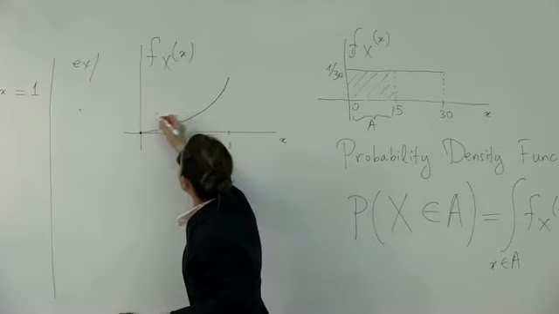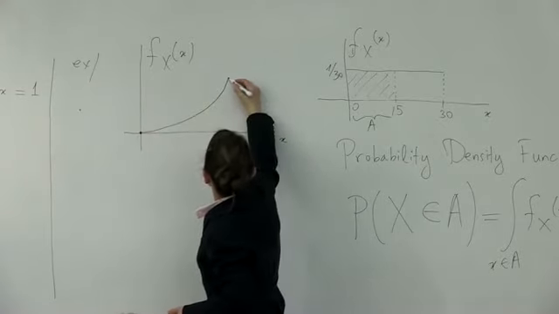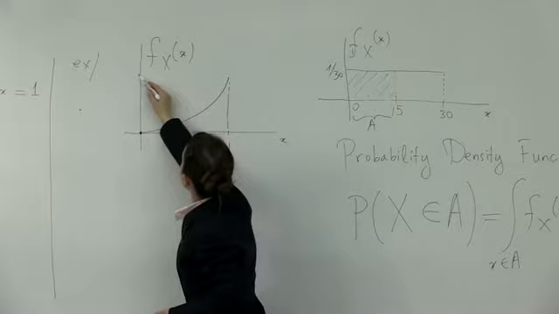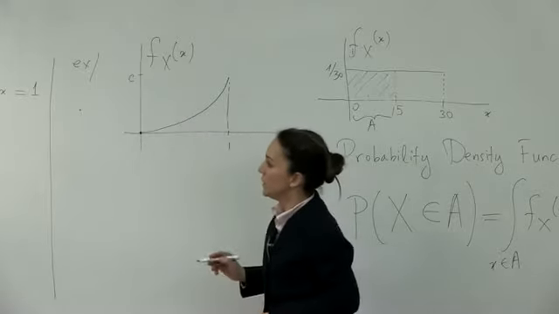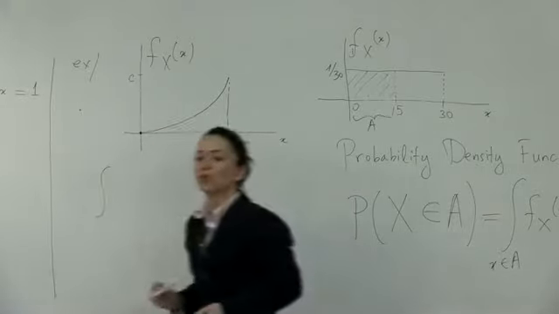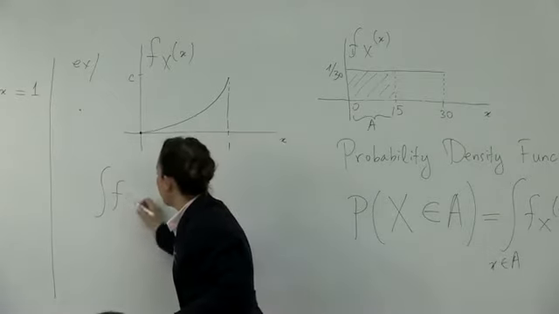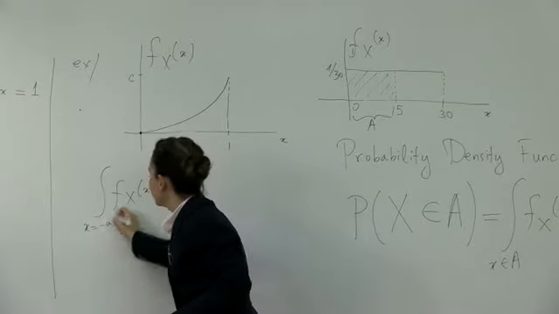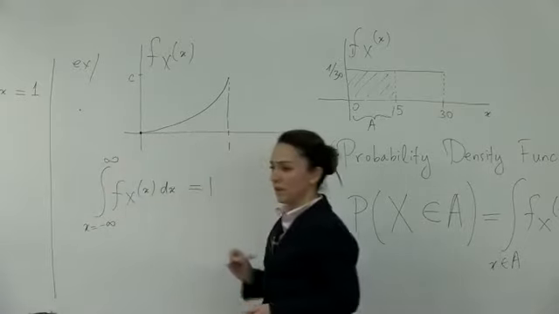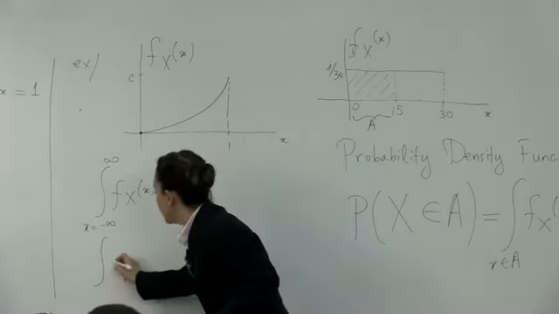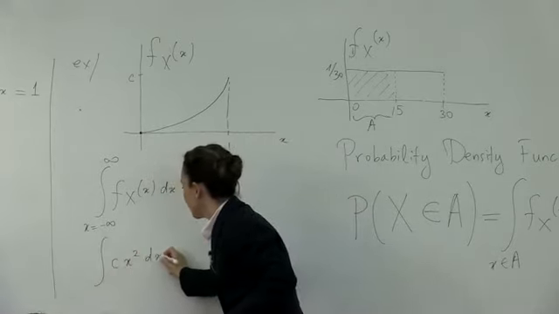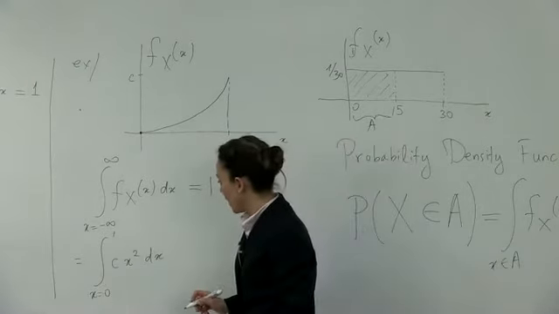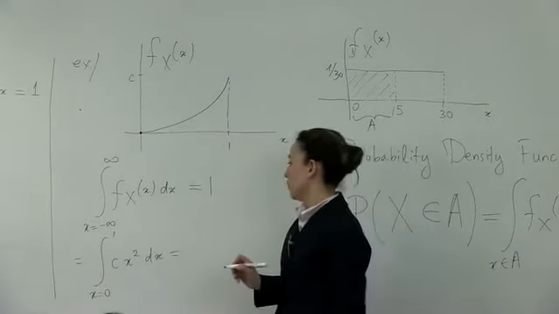Now, let's find the value of c. What do you think c is? Let's use the normalization property. The integral of fx of x dx, x from negative infinity to infinity, should be 1. So the integral of cx squared dx, x from 0 to 1, should be 1.